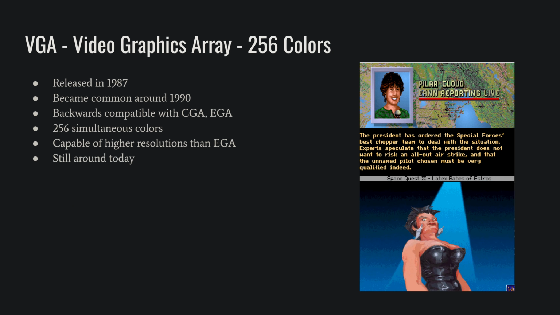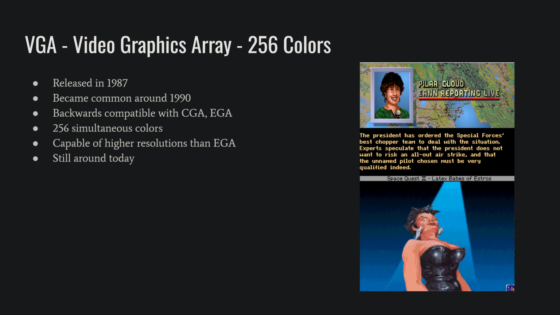After EGA, there was VGA. It came along in '87. It took a while to catch on because it was expensive at first. But if you've got a game that's after 1990, it's probably got some sort of VGA support. It also understands CGA and EGA, so if DOSBox is set to VGA, it will play those types of games just fine. It does 256 colors at the same time.